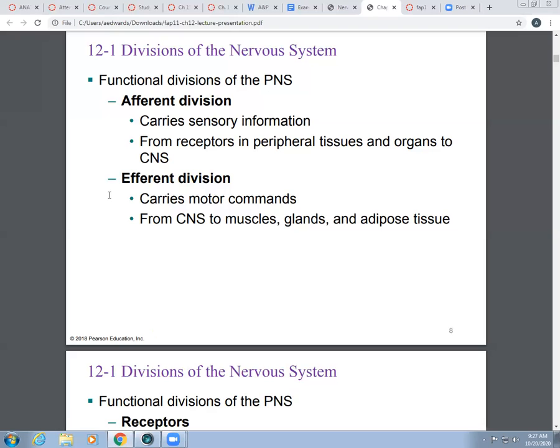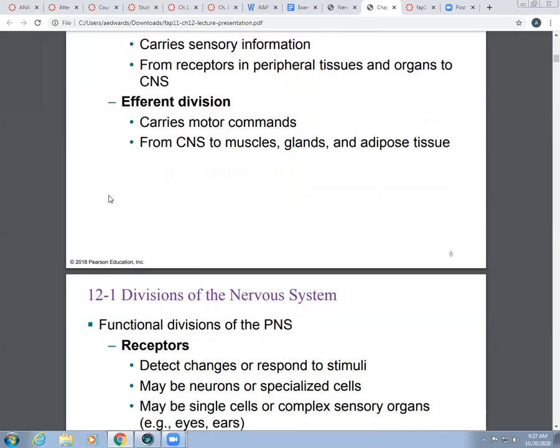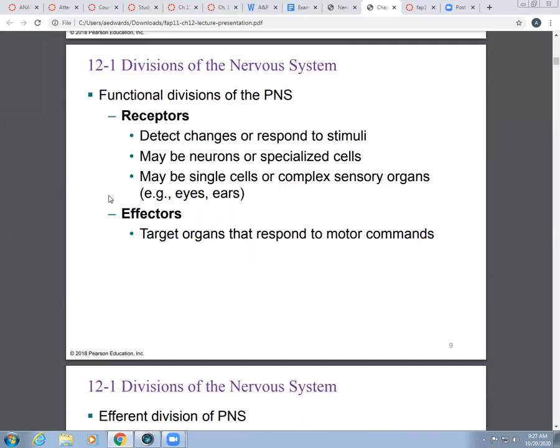Efferent is sending signals from the central nervous system.